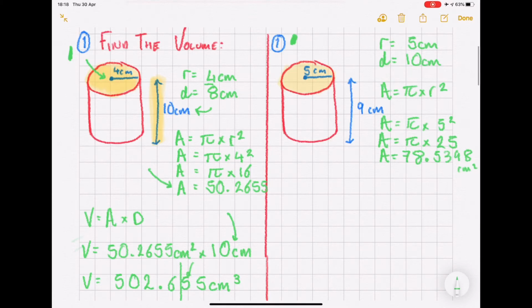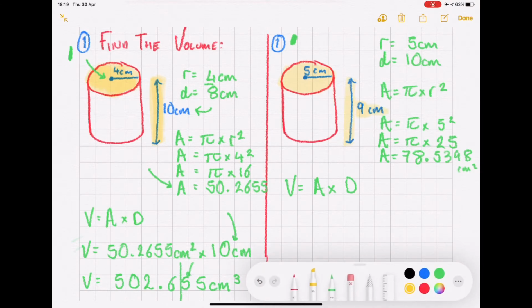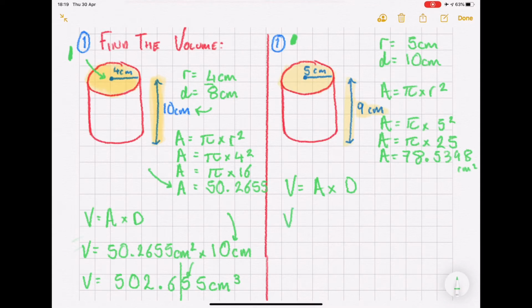Now we know that volume is the area times by the depth. What's our depth? Well, our depth is this length here, so that's 9 centimetres. So our volume is 78.5398 centimetres squared times by 9 centimetres.